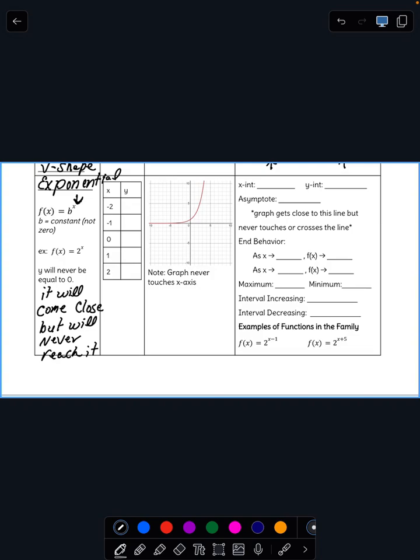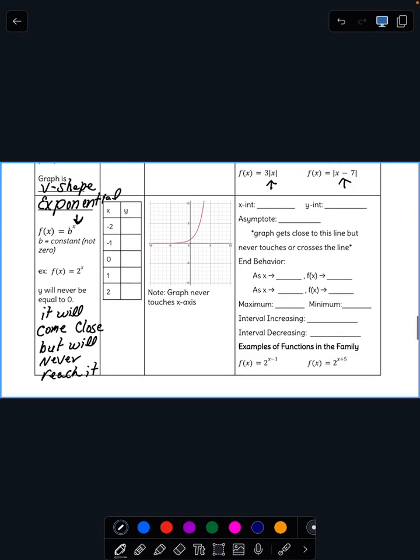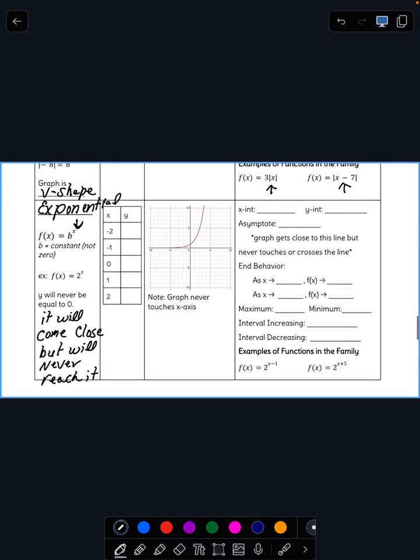So right here as it's curving, it's never going to reach that axis. So it's never going to cross the x-axis.